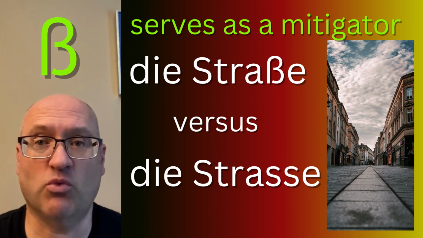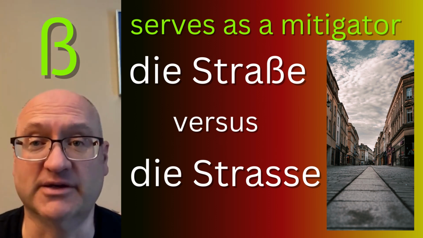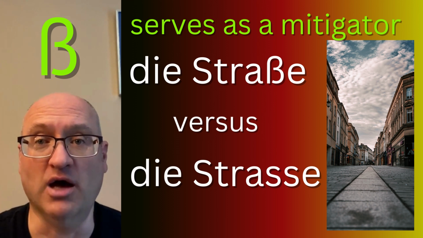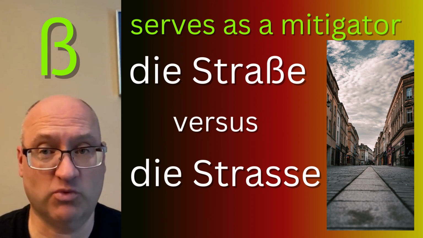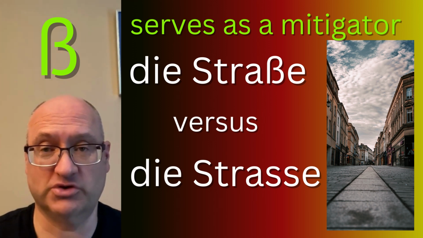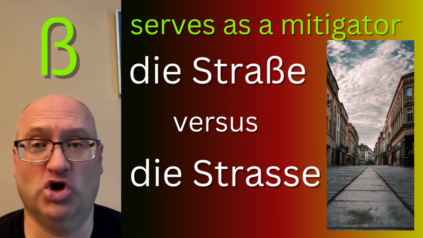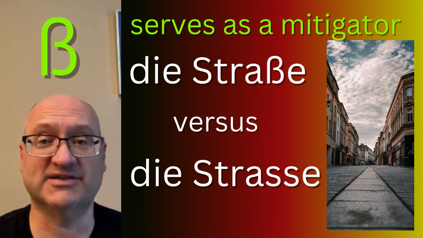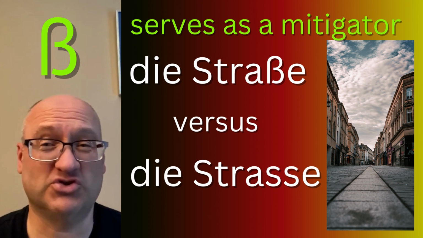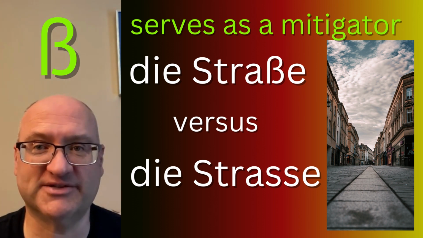So if I have words like die Straße, which has a long A, if I were to spell that with a double S in order to make that unvoiced sibilant sound, the S sound, I would technically have to pronounce that Straße with a short vowel.